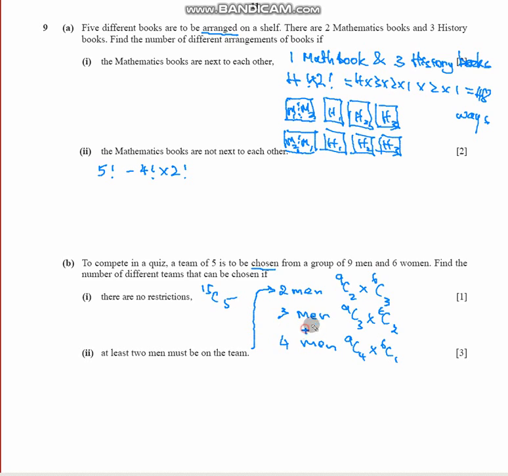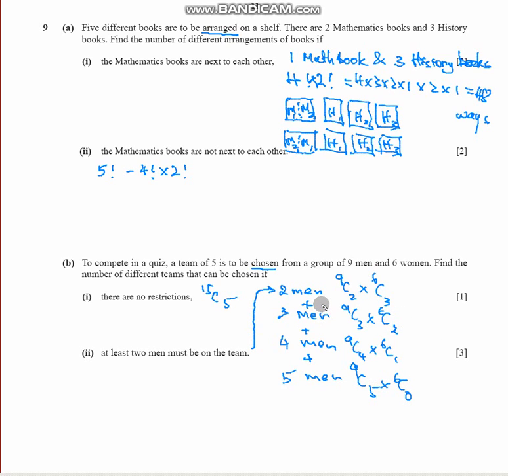You have to add all these combinations together to give you the total. Then you have 5. The maximum it can go is a team of 5, so 5 men. So it's 9C5 times 6C0. Why 0? Because you select all the team members from the men.